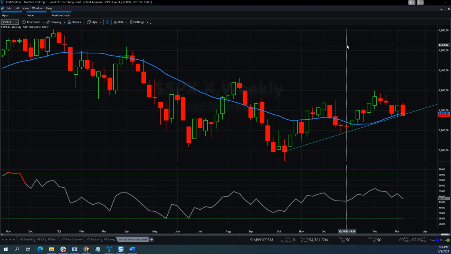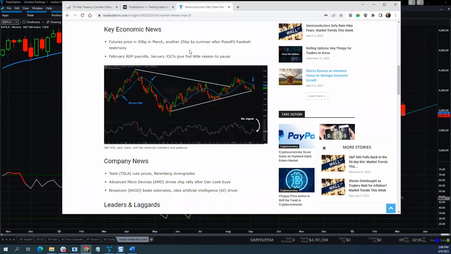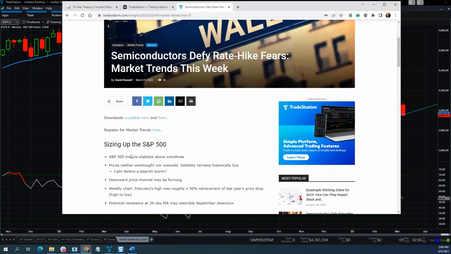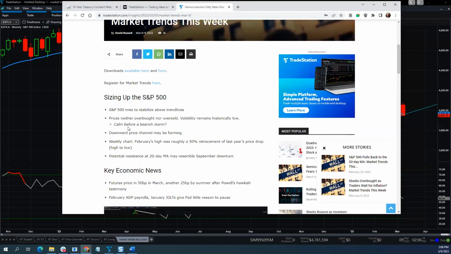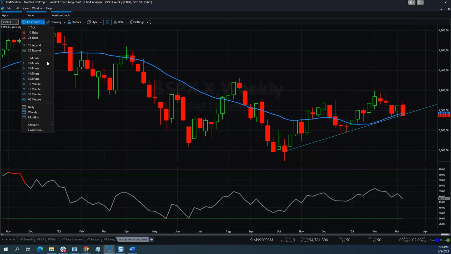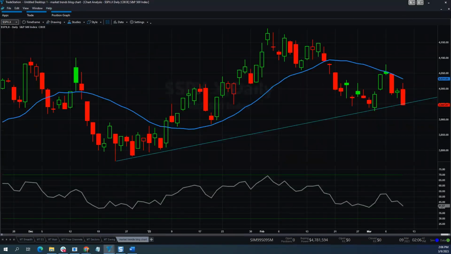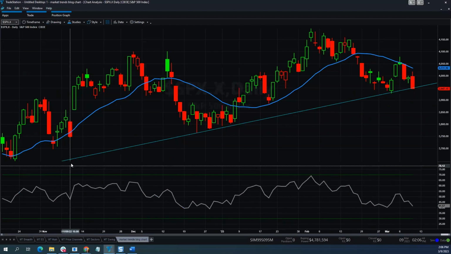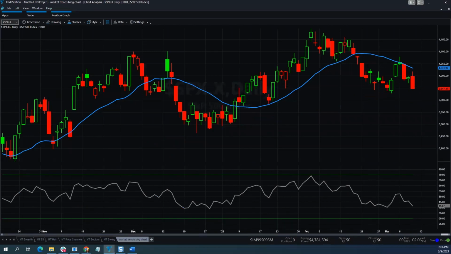As I put in my other note here, basically, is this a calm before a bearish storm? Another thing, let's go back and put back on the daily chart here. I'm going to remove this trend line and show you something else.